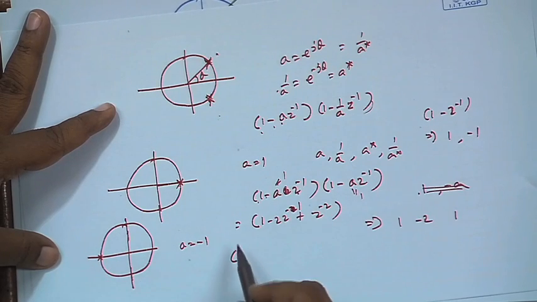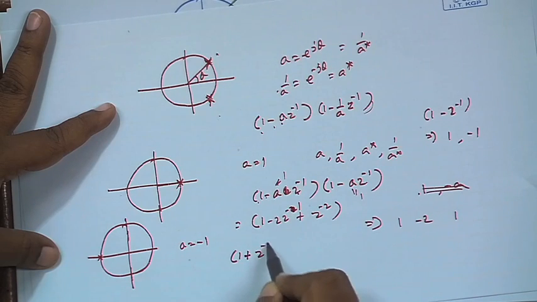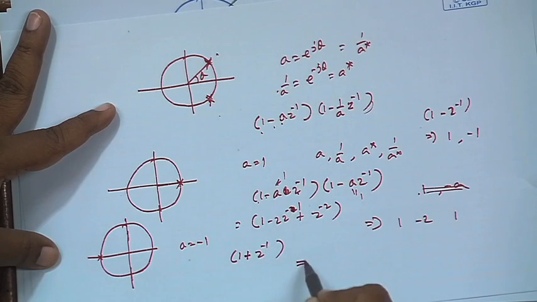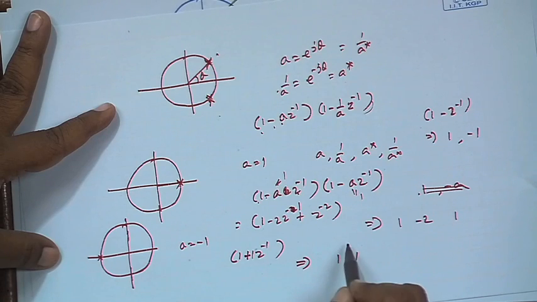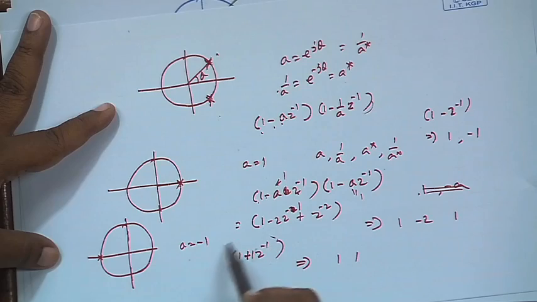But in this case, you will have 1 plus z inverse, because A is minus 1. So, this amounts to a length 2 filter with impulse response 1, 1, which is symmetric, with a mirror in between. So, in this case you can have only one factor like this.